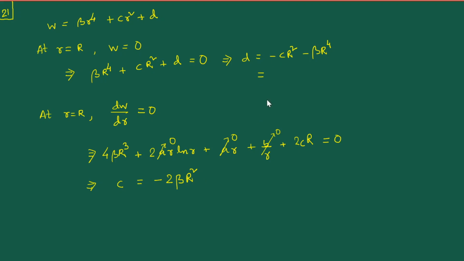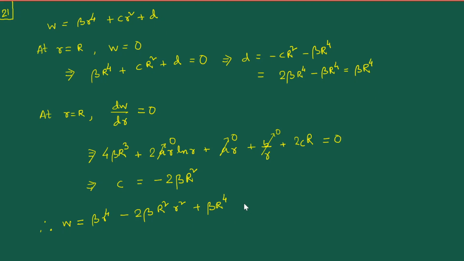So C can be replaced by this twice beta r square, so this is twice beta r to the power 4 minus beta r to the power 4, so that is just beta r to the power 4. So finally what we have is W is equal to beta small r to the power 4 plus, for C, twice beta capital R square. Let's not forget the small r square which is present here, and for this small d I have this beta r to the power 4.